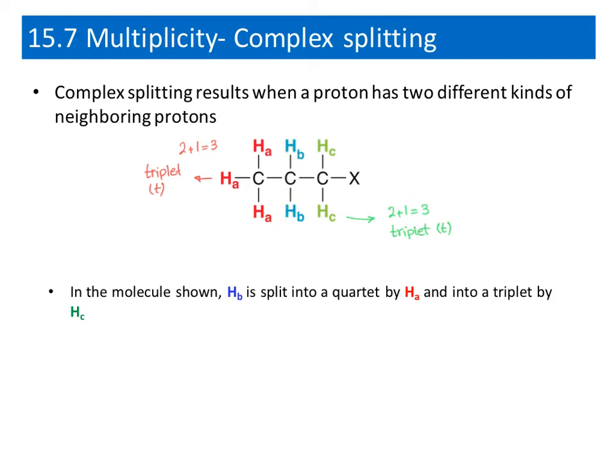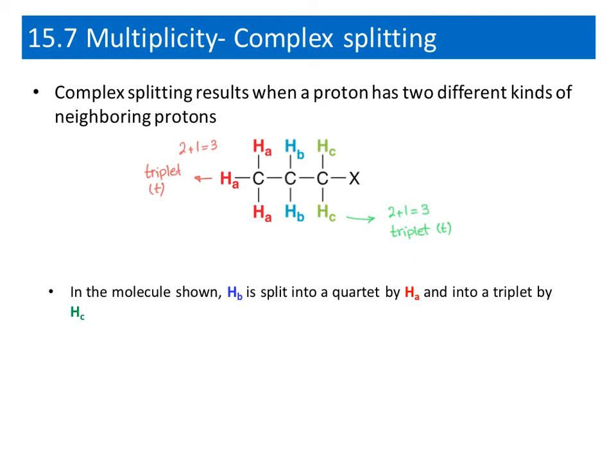So we cannot do that because these protons have different chemical environments from these protons. In this situation, to define the Hb multiplicity, we need to consider each set of protons separately and look at their influence on Hb separately. So we are going to look at the influence of Hc on Hb.